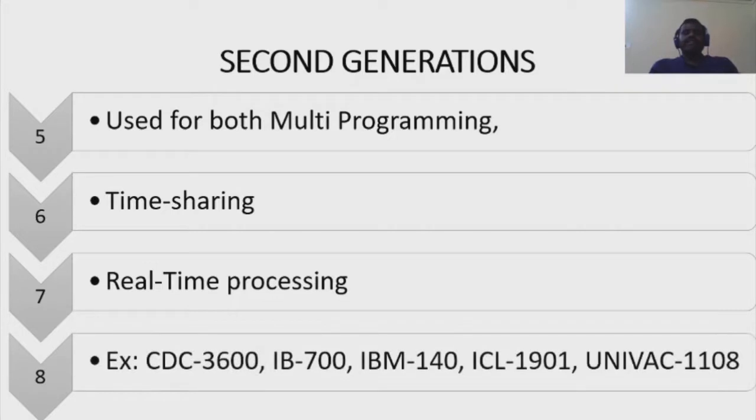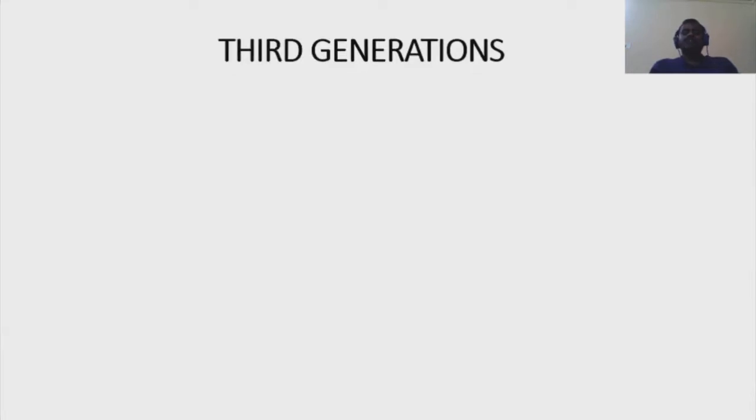Examples of second generation systems are CDC 3600, IBM 700, IBM 140, ICL 1901, UNIVAC 1108. These are the examples of the second generation, followed by the third generation.